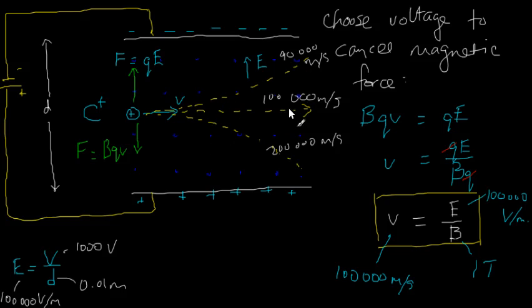Now, if I only want to pick out this velocity, I can do something very simple. I can put a piece of metal here with a small hole.